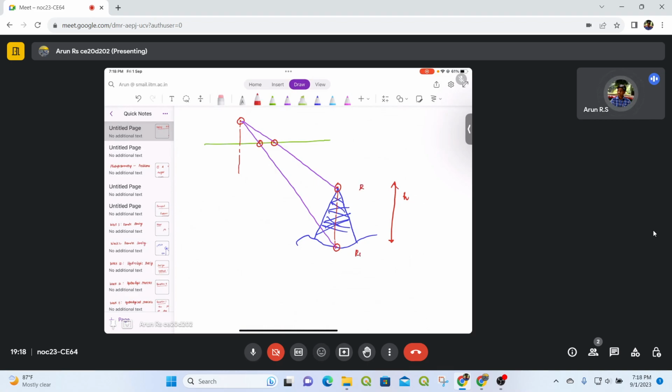So this is R and this is R naught, and let's say this is at a distance of A and A naught, and this is at a distance of capital R from the principal axis, and on the photo plate also you can see. So let's say that this is at R naught, and this distance is at small r.